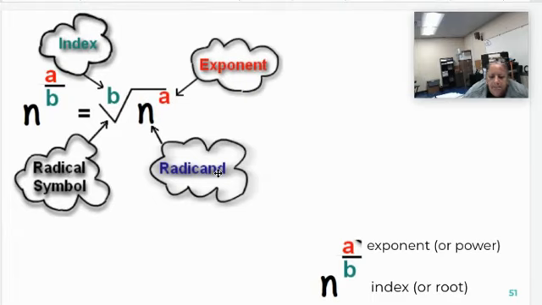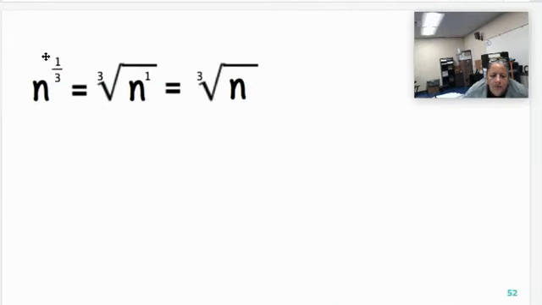radicand. So if you see a number to the 1/3 power, then technically, and I would like you to write this down so you know how these work, the 1 comes over here and becomes the exponent of the number, or the power of the number. The 3, and you write it small, it sits on this shelf.